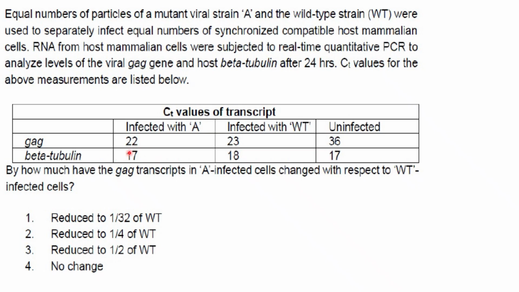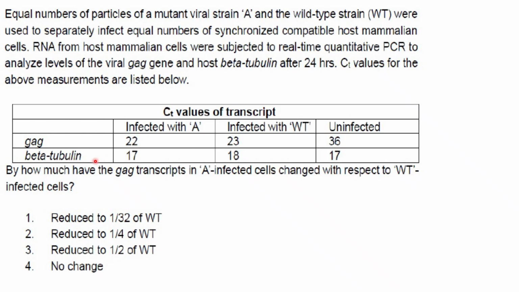See the beta tubulin values for cells infected with A and infected with the wild type; there is not much change. And for the uninfected too. Beta tubulin doesn't vary. See, for infected with A or WT or the uninfected case, the CT value for beta tubulin is not changing, it is constant.